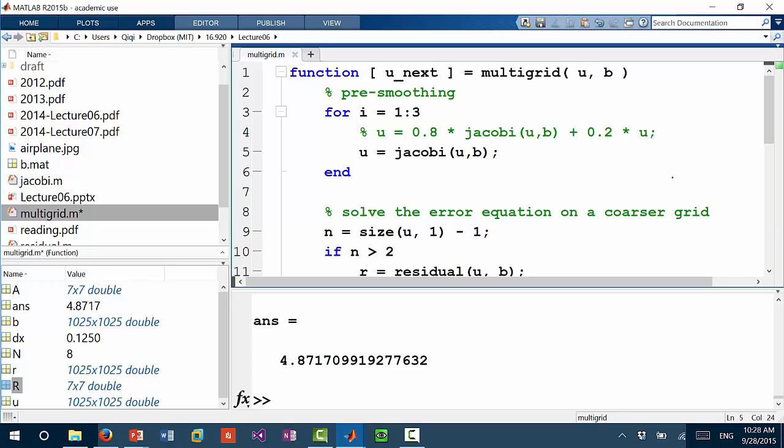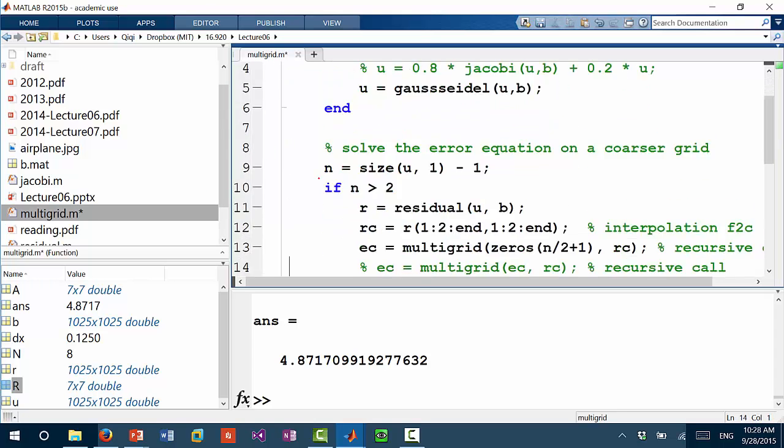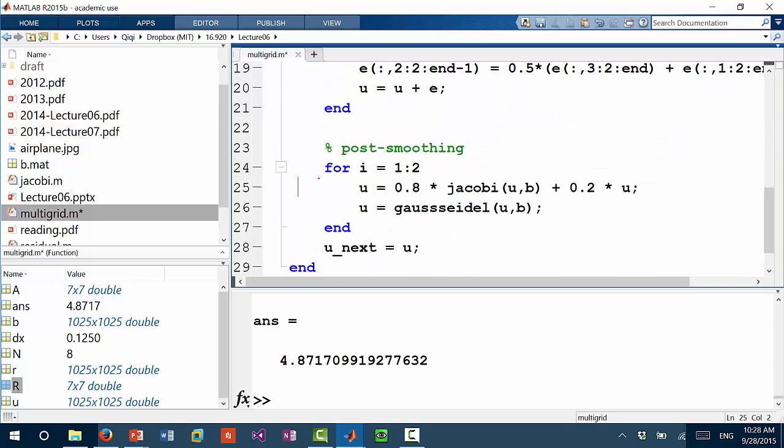It doesn't go all the way to -1, so you don't actually need the relaxation for it to be a good smoother. Okay, so let's call Gauss Seidel. Okay, and let's also do the same thing for the post smoothing and comment out the under-relaxed Jacobi.